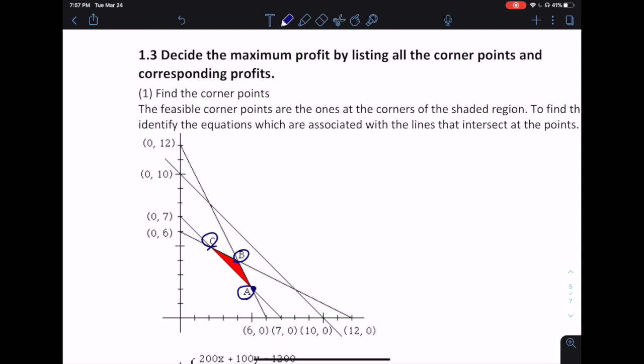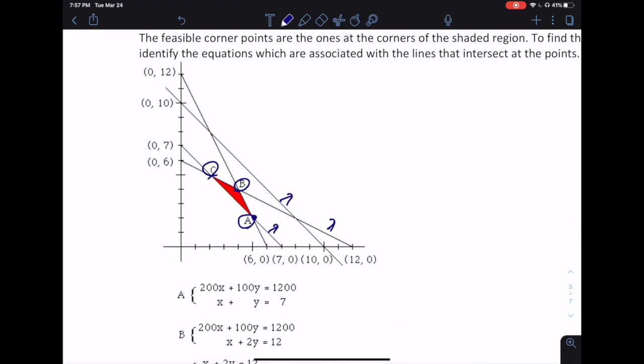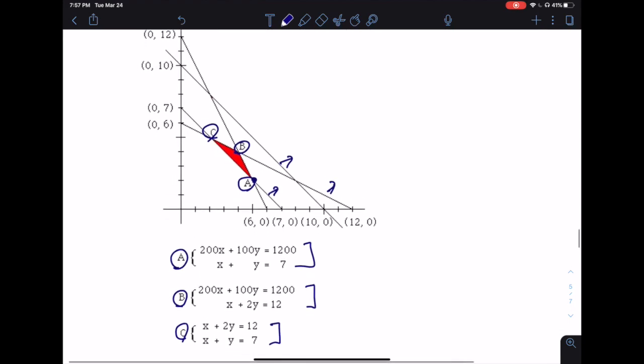If you check each of these lines, you can easily figure out A is the intersection of these two, B is the intersection of these two, C is the intersection of these two equations or lines. So now let me just briefly show you how to get the intersection.